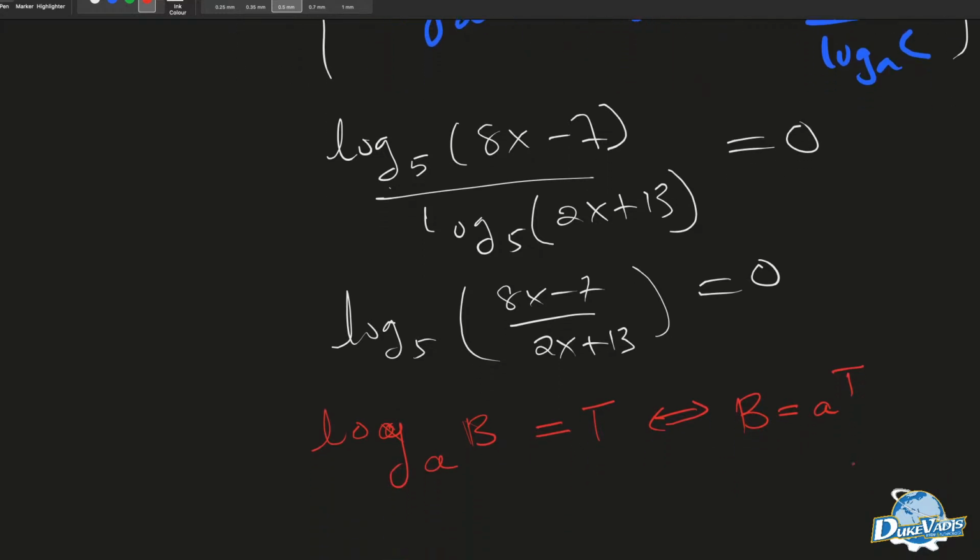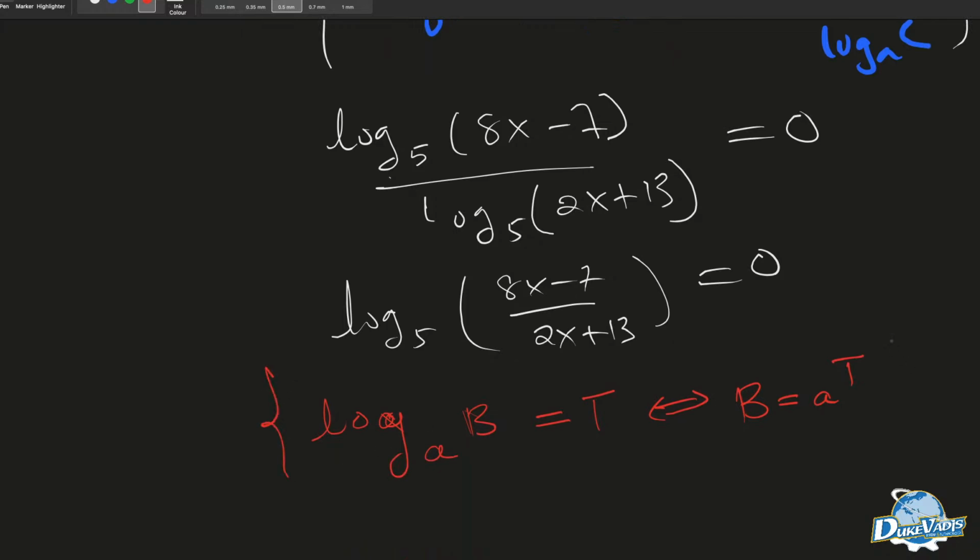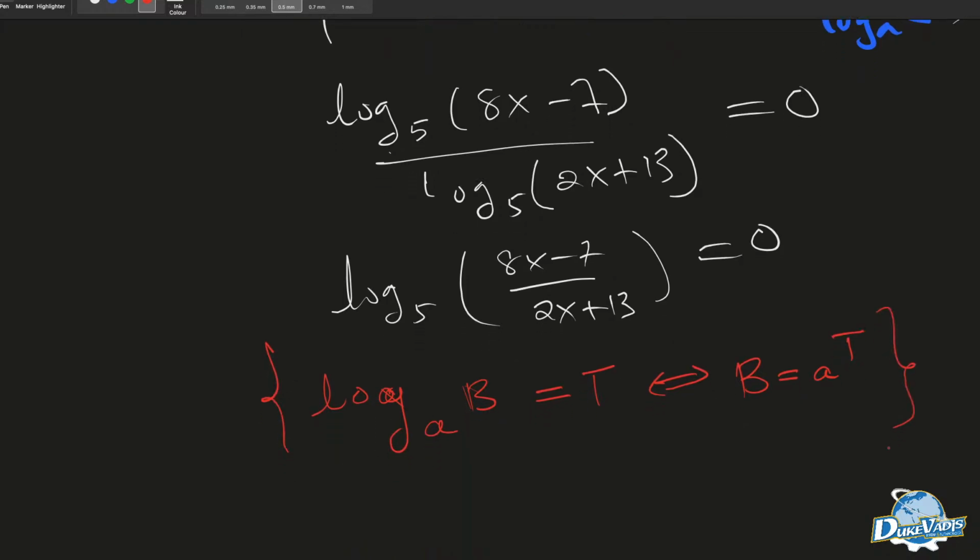Remember, this is another logarithm rule. If we apply that, then in a simple sense, our equation will be 8x minus 7 all over 2x plus 13 is equal to 5 raised to the power 0.